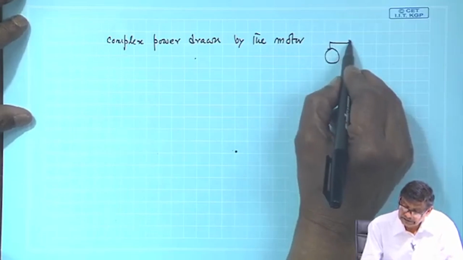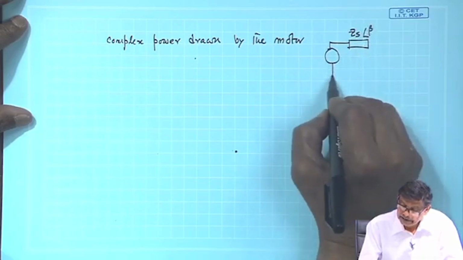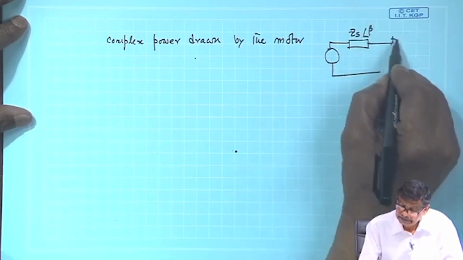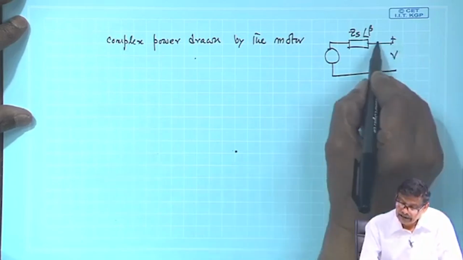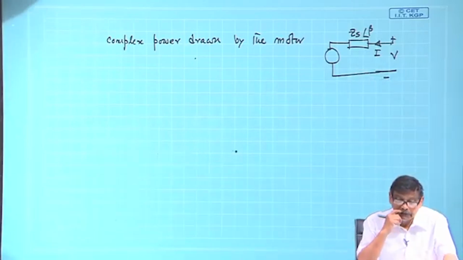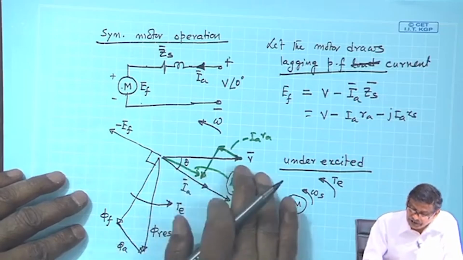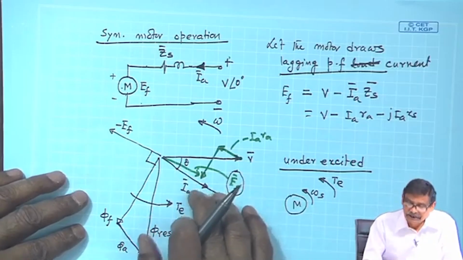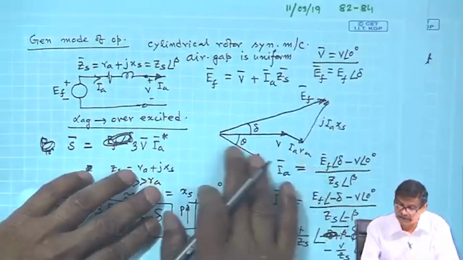This is your ZS at angle beta, and here you do not fumble, okay. This is the terminal voltage and it is drawing a current like this. Also note that in motor mode, Ef will always be below V. In generator mode, Ef will always be above V, no matter whether it is lagging or leading.